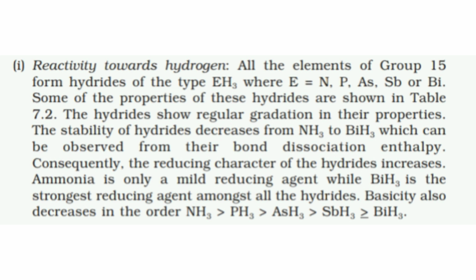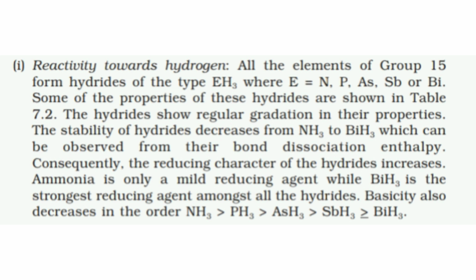The stability of hydrides decreases from NH3 to BiH3, which can be observed from their bond dissociation enthalpy. Consequently, the reducing character of the hydrides increases. Ammonia is a mild reducing agent, while BiH3 is the strongest reducing agent amongst all the hydrides.